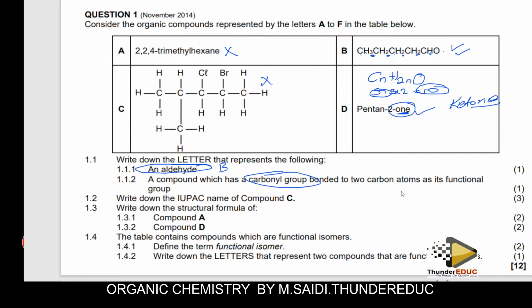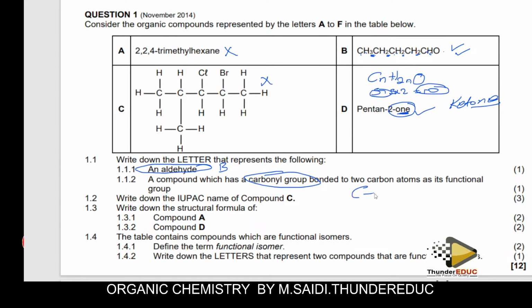Remember that the carbon atom with the carbonyl group, meaning that we are talking about the same compound, this or this, but it is bonded to 2 carbon atoms as its functional group.